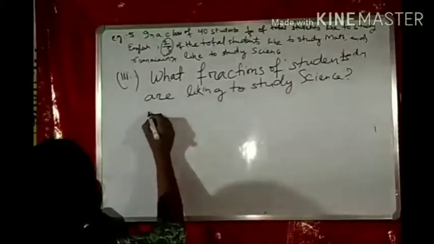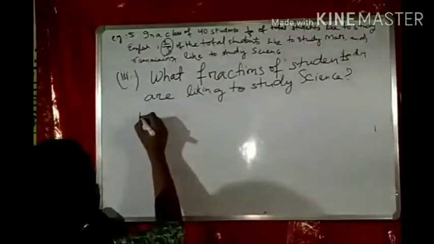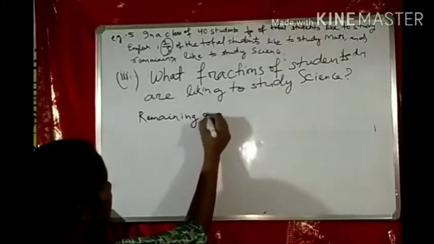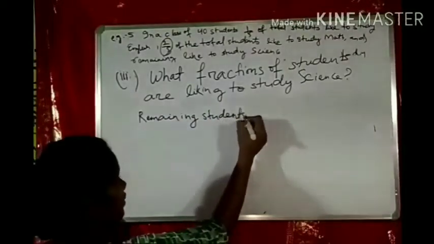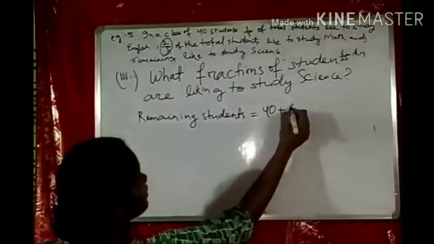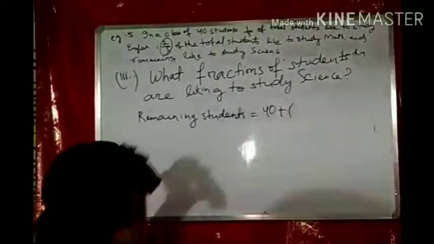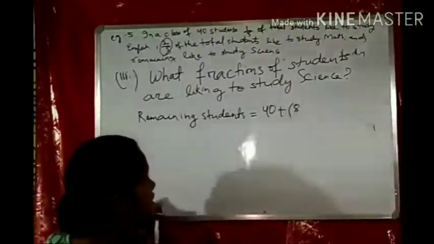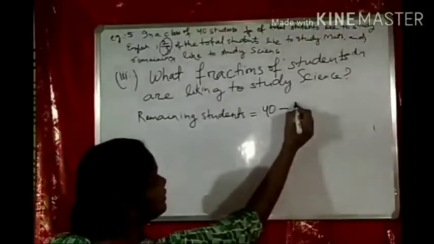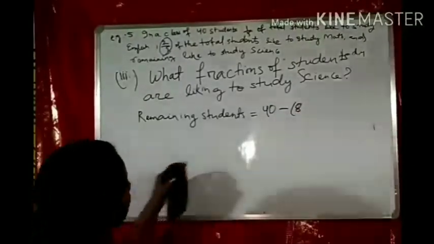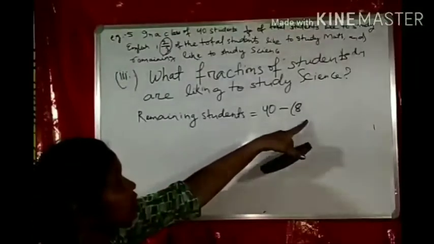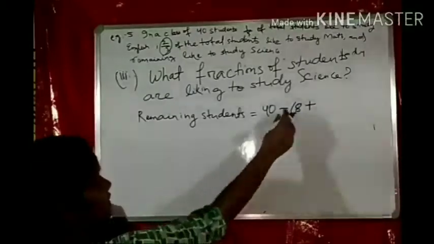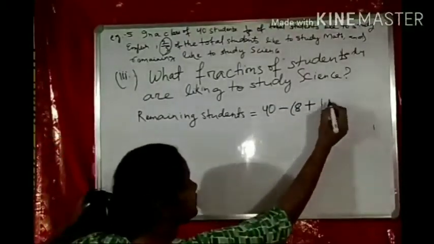So first we'll find out the remaining students. Remaining students equal 40 minus the students liking English, which we found first, minus the students liking math. Students liking English are 8 and students liking math are 16.